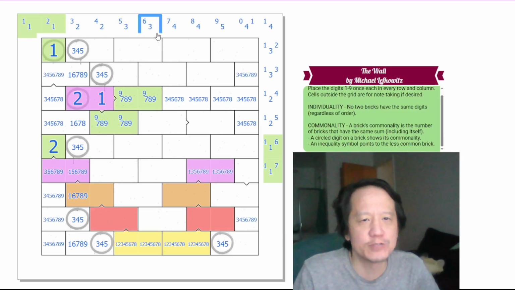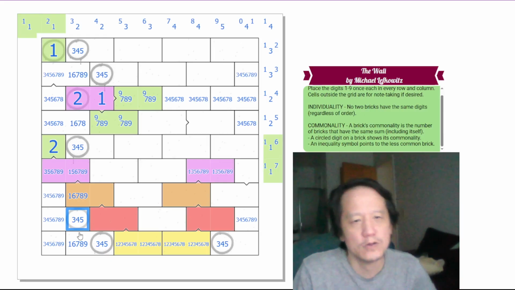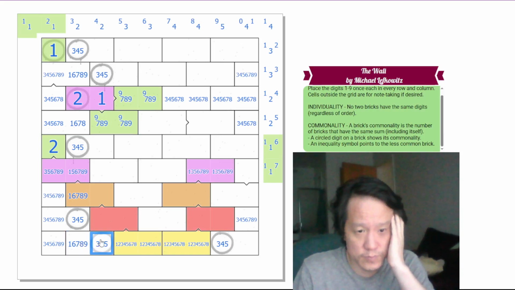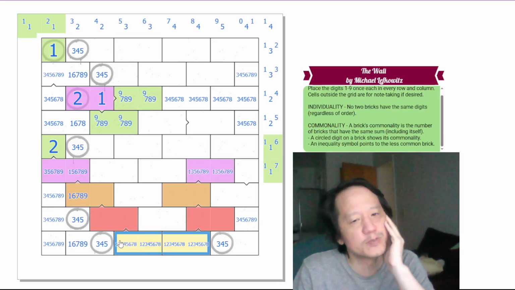It cannot match with 3 itself because you would have a duplicate digit there. You can match with 9 to add up to 12. So 3 can go to 2 or 9. So this could be 3 actually also. This can never be a 4, 5 pair, adding up to 9.